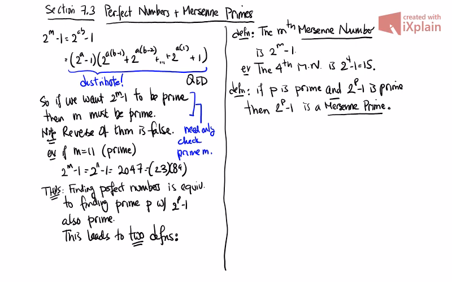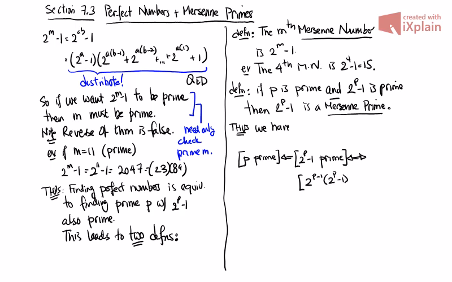So at the end of the day, we get the following correspondence. It's not perfect, but just to clarify, p being prime is implied by 2 to the p minus 1 being prime, which is if and only if 2 to the p minus 1 times (2 to the p minus 1) is perfect.